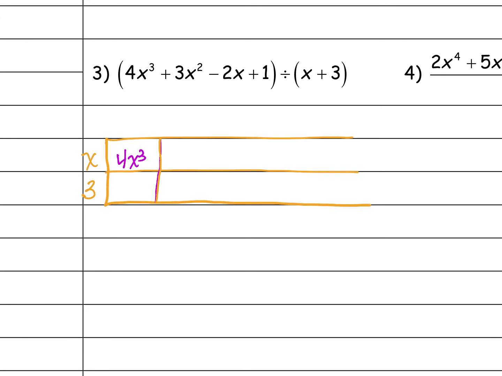What do I multiply x by to get 4x cubed? 4x squared, right? And 4x squared times 3 is 12x squared. What do I add to 12x squared to get 3x squared? It's 9x squared.